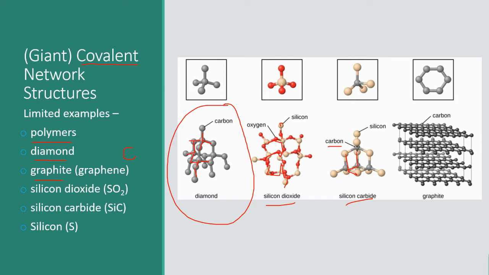This network could go on for ages, heaps and heaps of atoms joined together, and silicon itself as well. And then carbon can form layers of carbon atoms all bonded together, and these layers form graphite. So we're going to compare these two different versions of carbon, graphite and diamond.